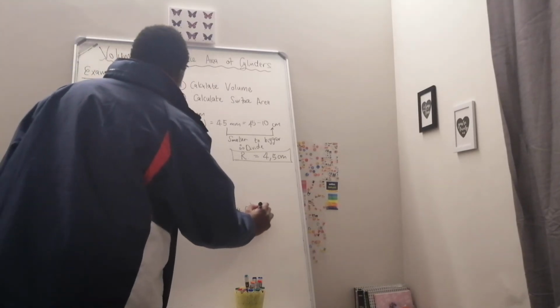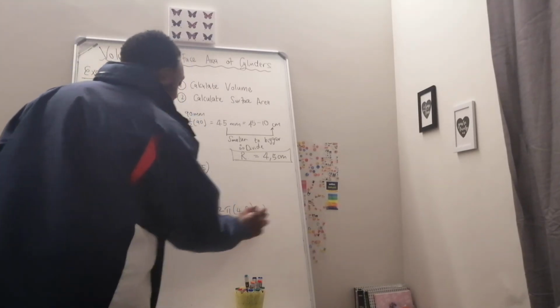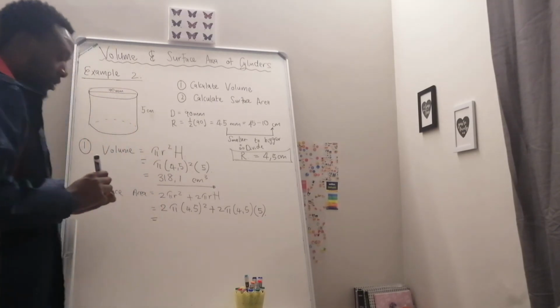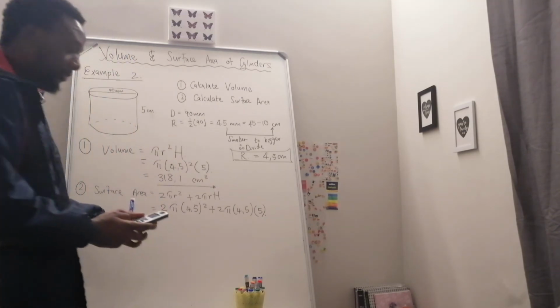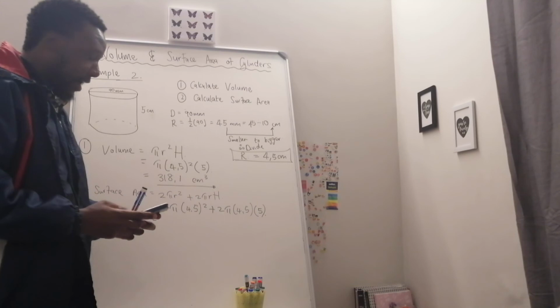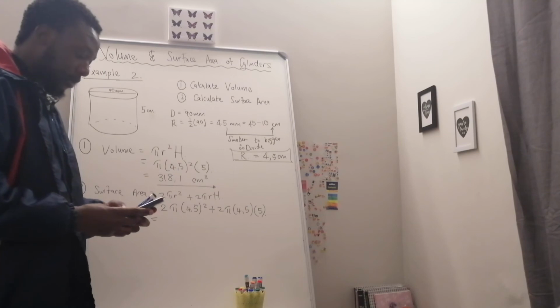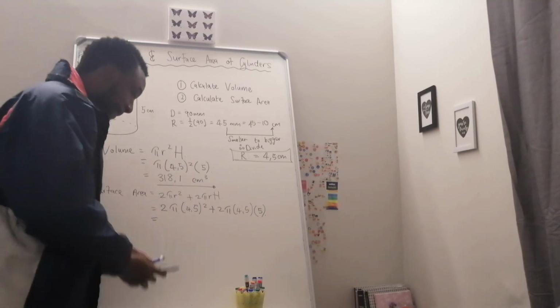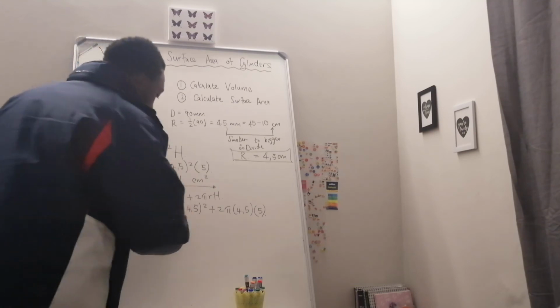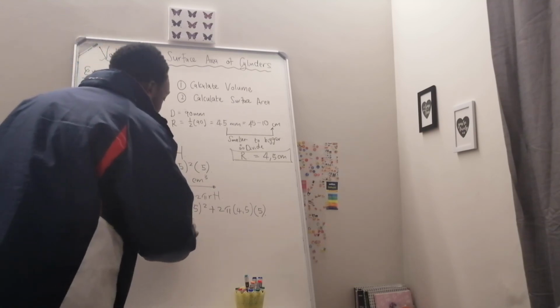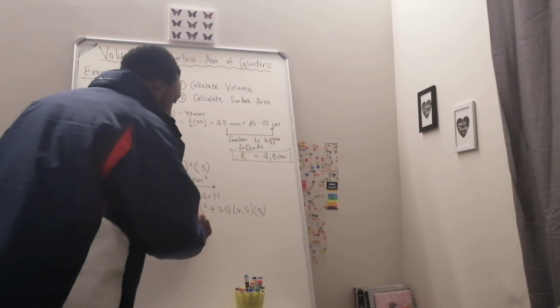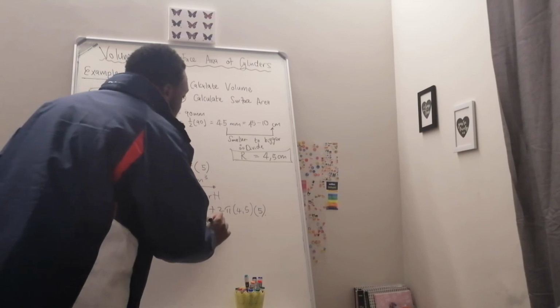And then what is my height? It's 5. So what does this all give us? 2 pi times 4.5 squared plus 2 pi times 4.5 times 5, I get 268.6 centimeters squared.